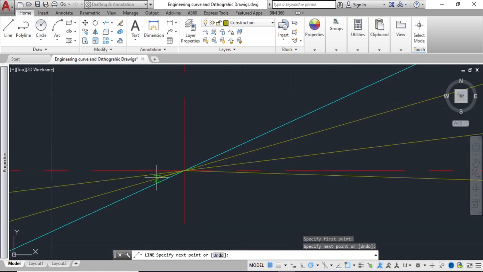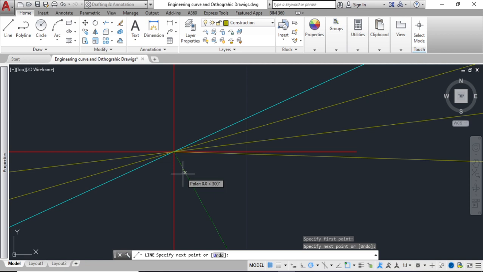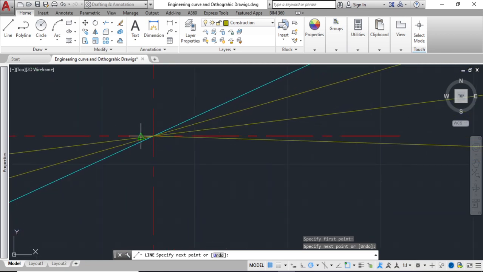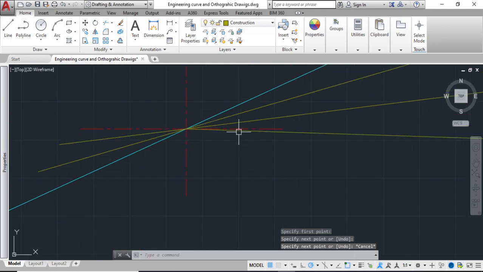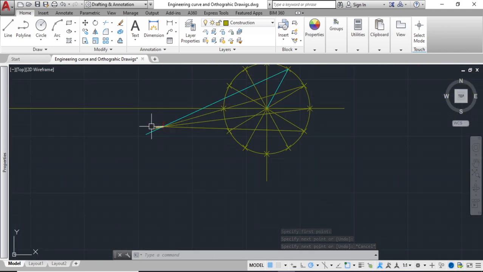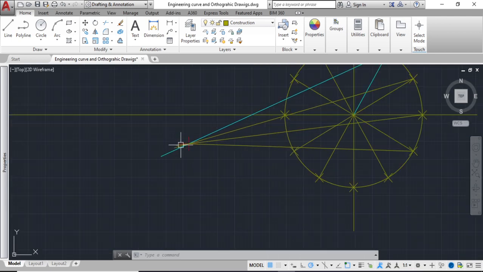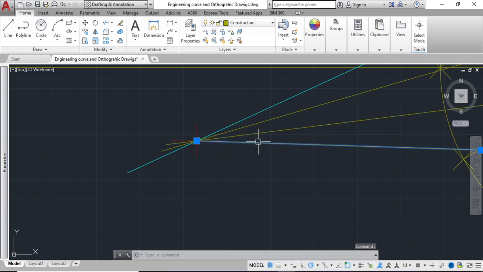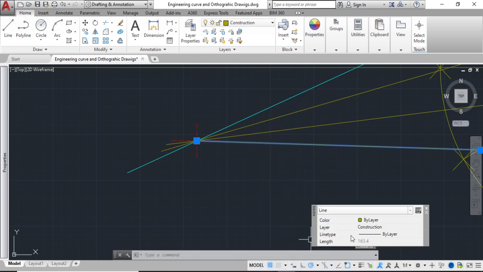If you were using a pencil and ruler, it would be much easier, I promise you. Because all you need to do is measure from this point through C and measure where 180 stops. But because it's AutoCAD, we have to find another way to get it done. Properties, 163.4.